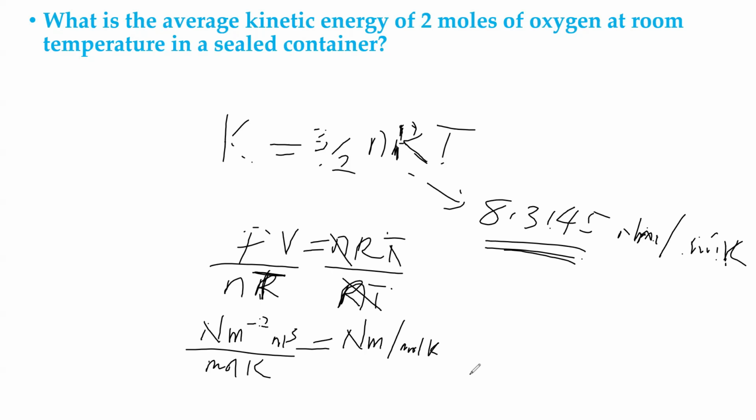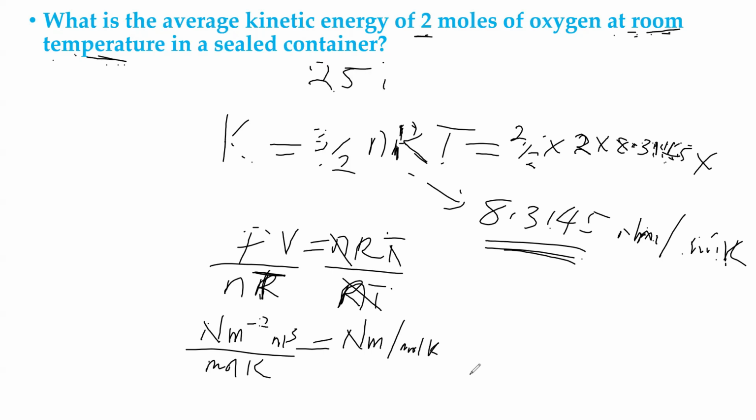To get this is simple. Since from the question, we have 3 over 2 times the number of moles, which is 2. So we have 2 moles times the R, which is 8.3145, then times the temperature in Kelvin, which is the room temperature of 25.